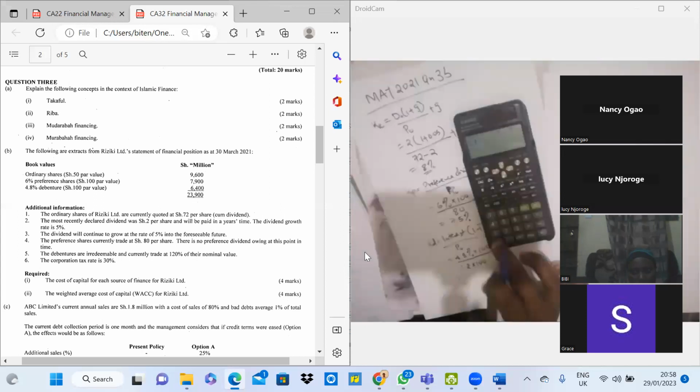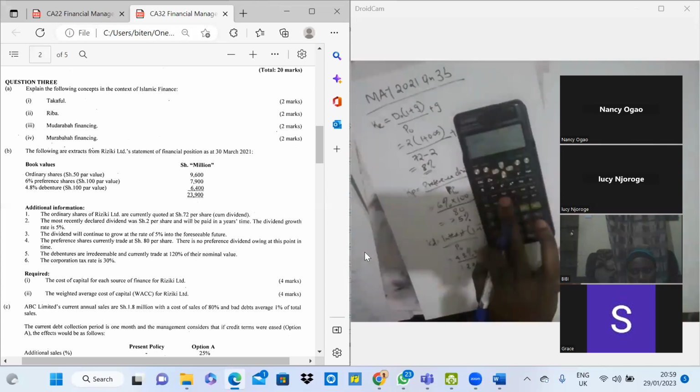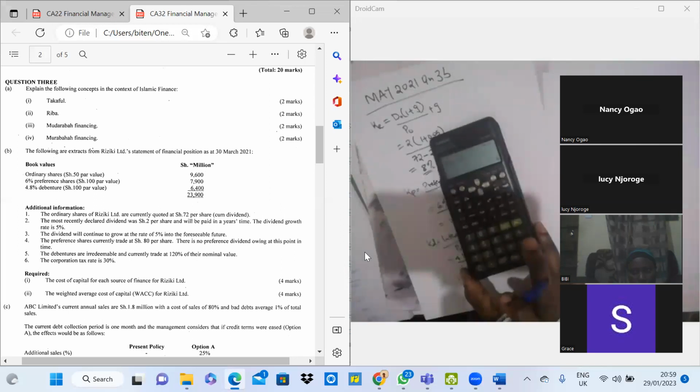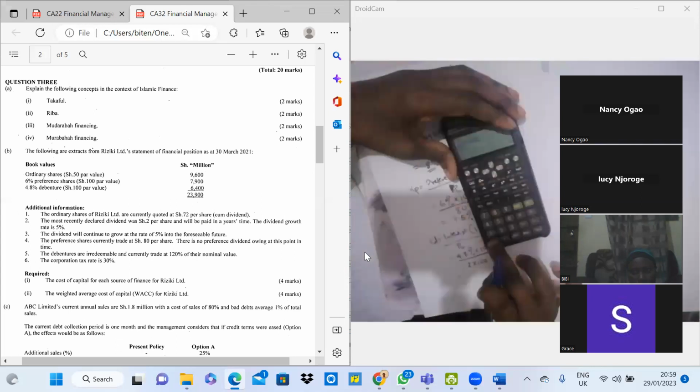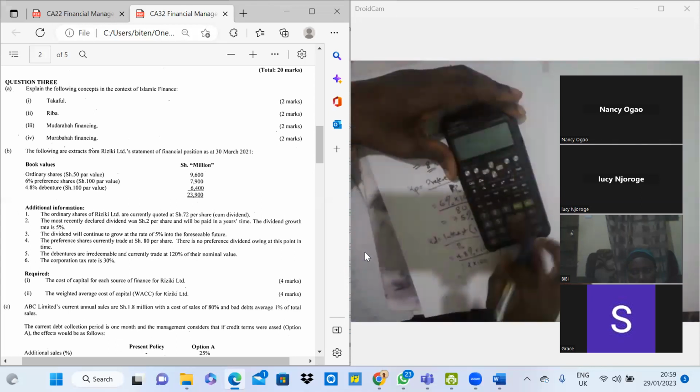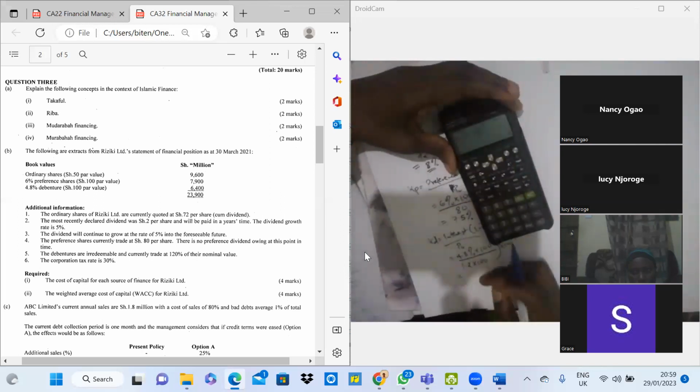So 0.048 times 100. We divide by 1.2 times 100. Then times 100 to make it the percent. So I'm getting 4%. Is it 0.04 times 100? Oh, it's 0.048.